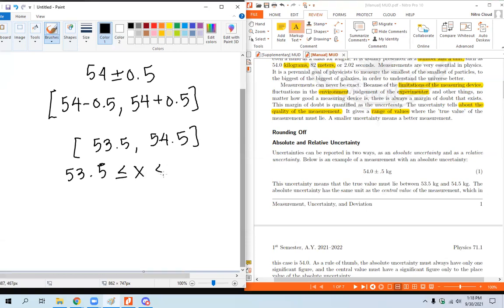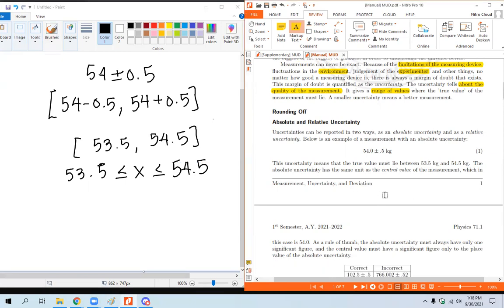Let x be your quantity, so 53.5 ≤ x ≤ 54.5. So using different mathematical notations, we can represent our uncertainty in this way. Ibig sabihin lang nito, yung true value or the actual length, or mass, or whatever you are measuring, lies in this particular interval here.